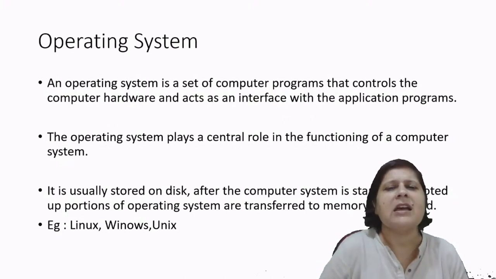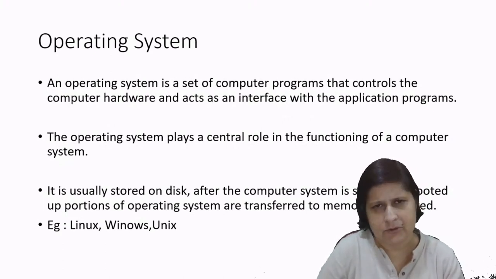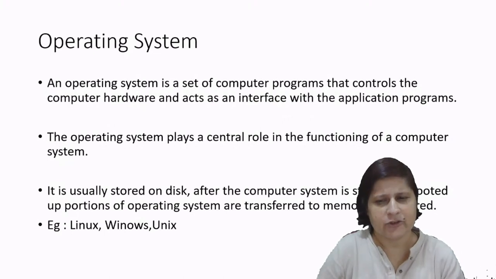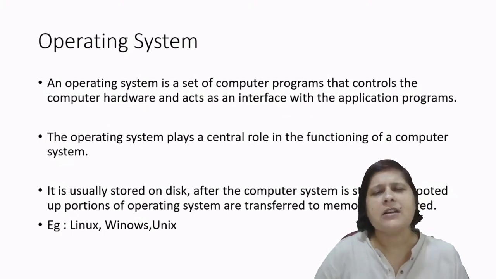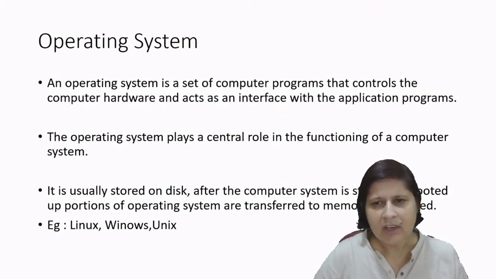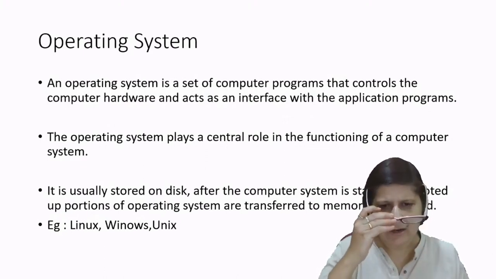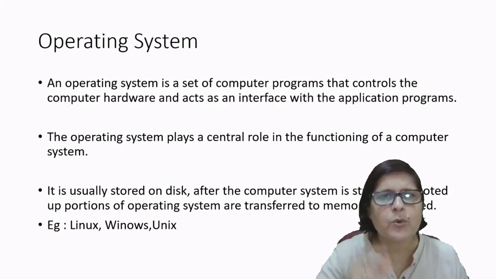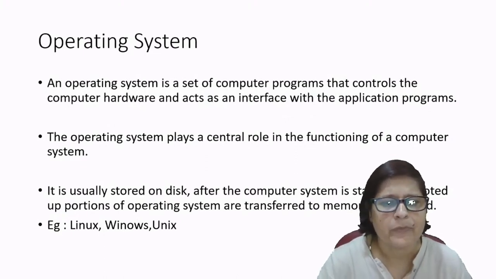Operating system is an example of system software. What is an operating system? Operating system is nothing but the set of computer programs that control the computer hardware and act as an interface with application programs, right?